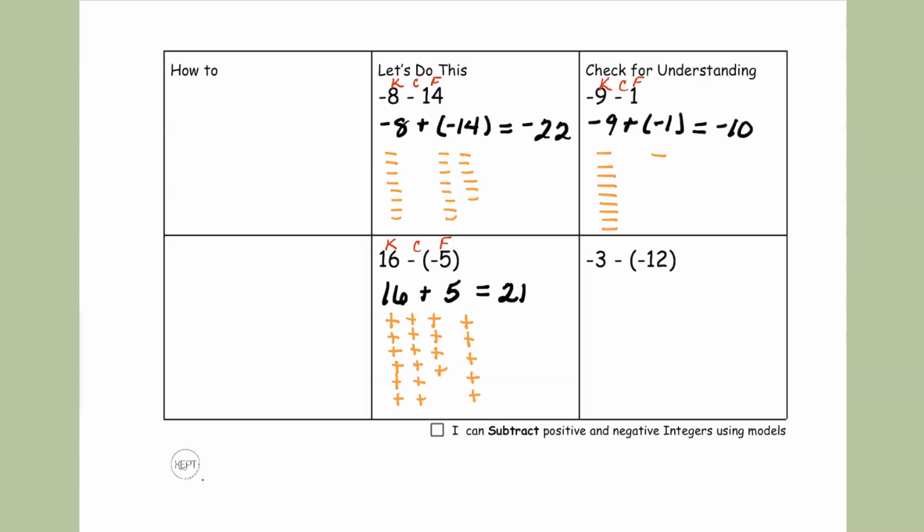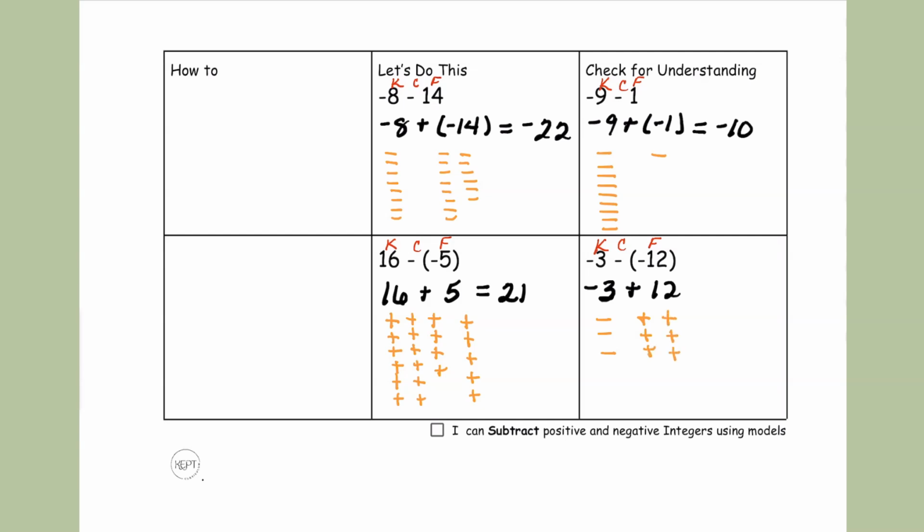All right, let's do it. Keep, change, flip. That is step number 1. So we are going to keep -3. We are going to change that minus sign to an addition sign, and we're going to flip that -12 to a +12. Now here I'm dealing with two different signs. I have negatives and I have positives. Which one do I have more of?